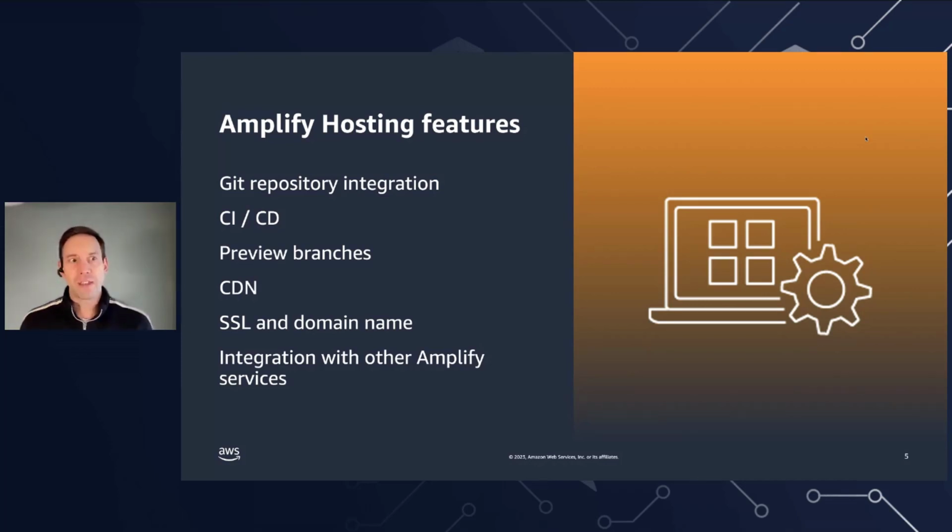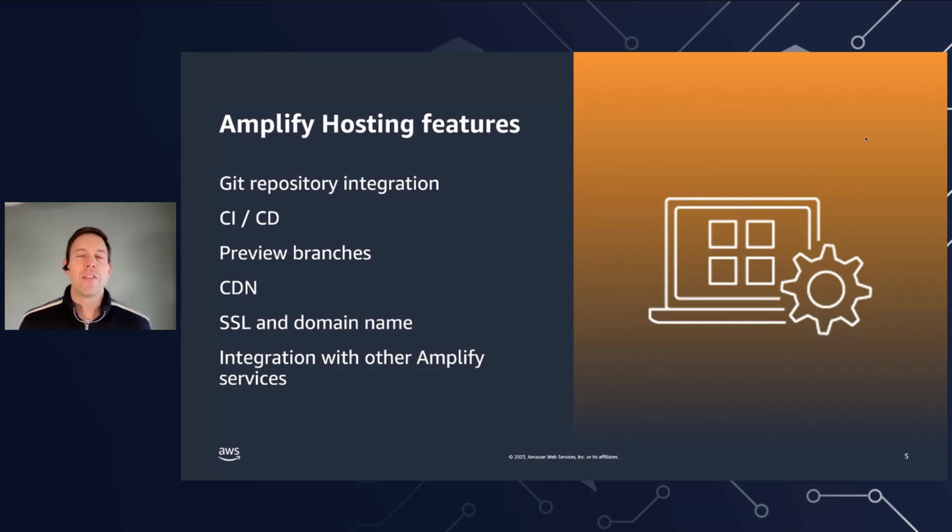When we see changes in the Git repo, we then run a full CI/CD pipeline with tests, so we can compile your app, we can run tests against it, and we can make sure that it's in the right place before it's deployed. We can do things like preview branches. So if you have a development branch or a test branch, you can run that in parallel with your main branch and check your changes before you push to production.